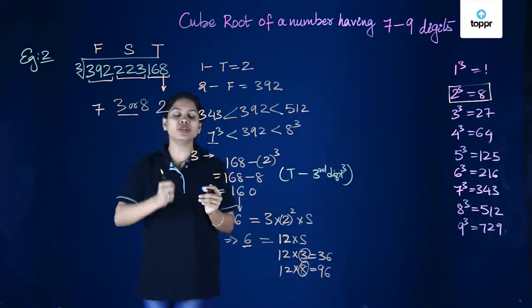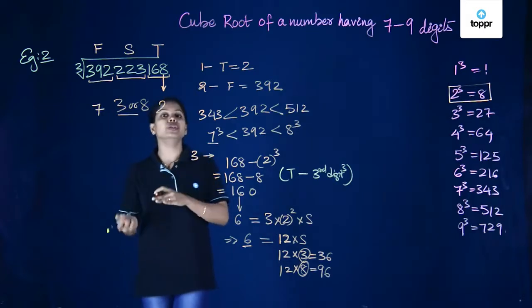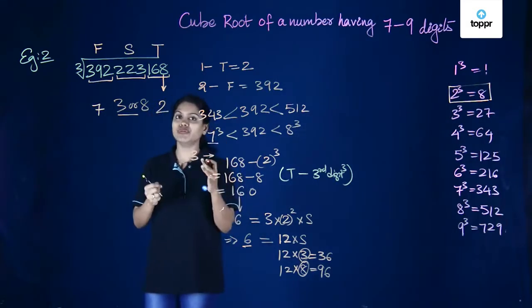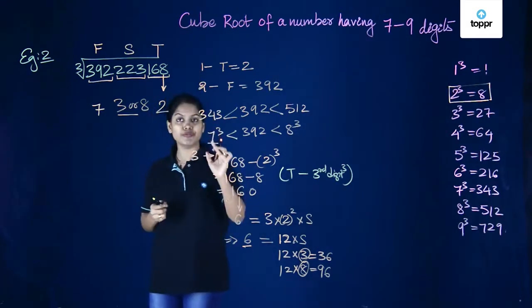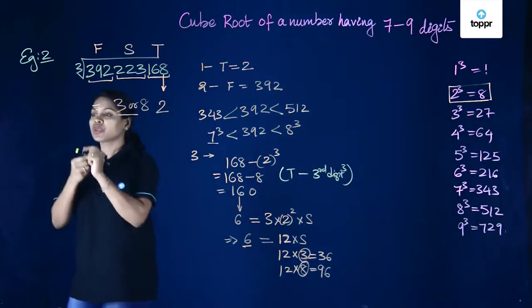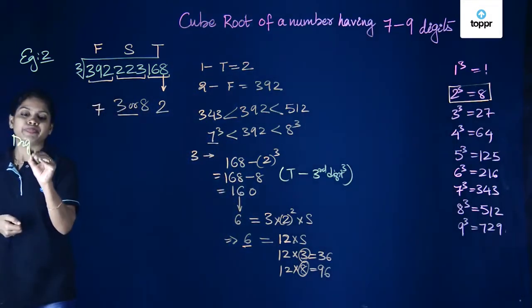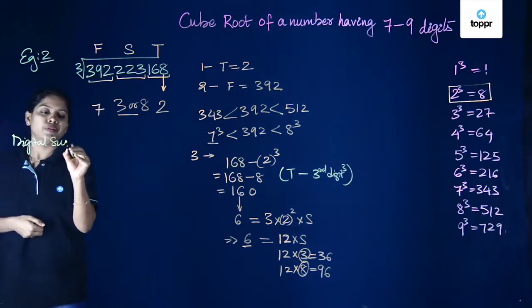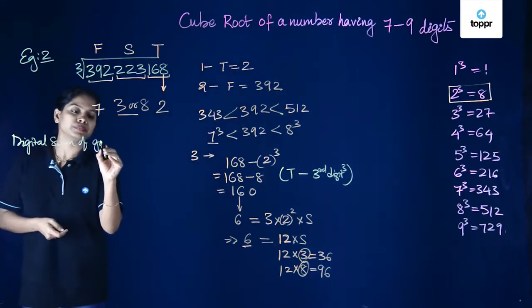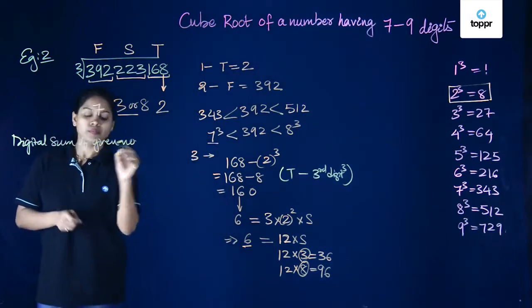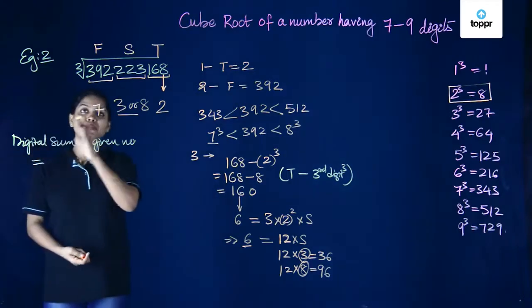For deciding 3 or 8, we'll add a new method. For this we'll first need to find the digital sum of the given number. So let's start with that. The digital sum of the given number is simply the sum of the digits.